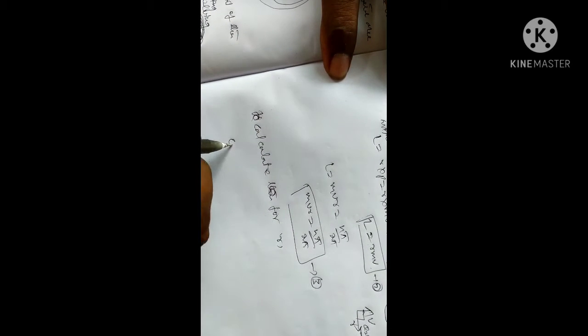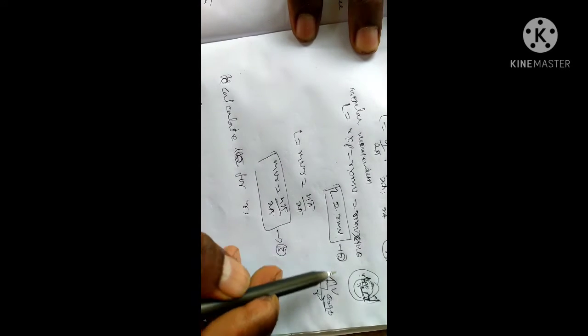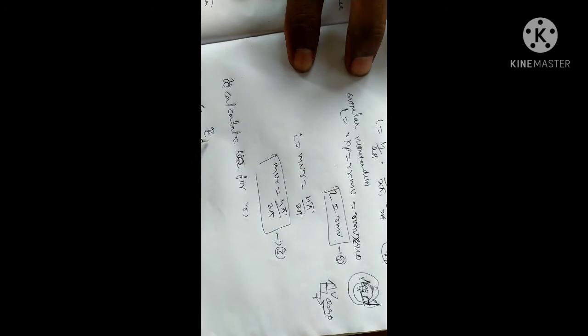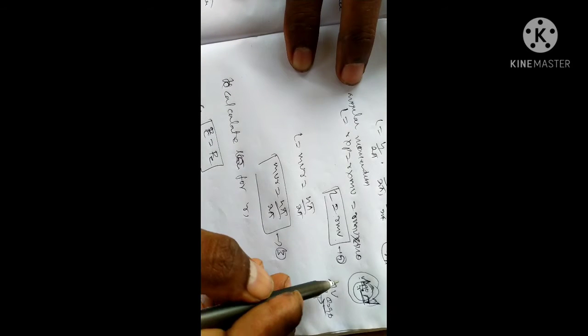Here the electrons are revolving in circular motion. The centripetal force is provided by the electrostatic force, that is Fc is equal to Fe. This is the condition for the electrons revolving around the nucleus.